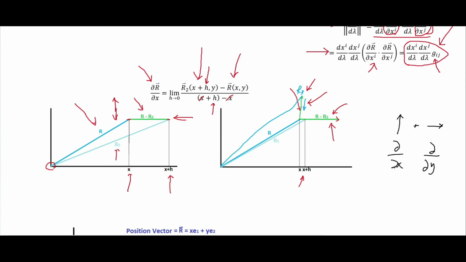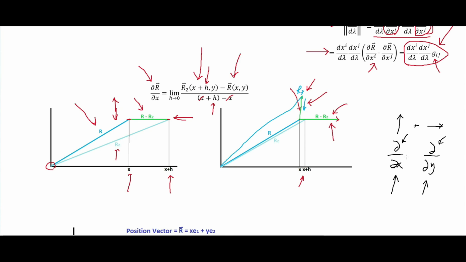And in fact, you will often see them written like this without anything next to it. You'll see it just as these partial operators like this. And so that's just telling you essentially that we are looking at something in the x direction and something in the y direction.